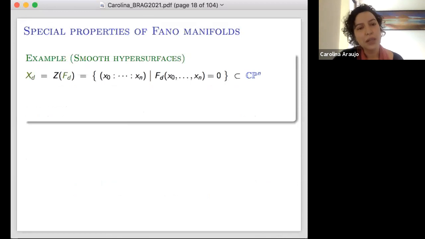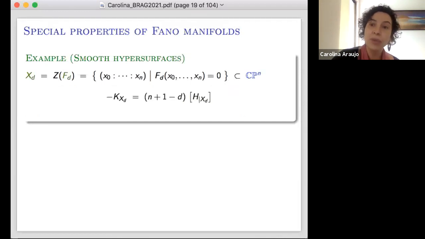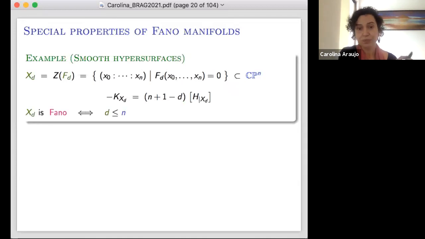If you consider X_d a smooth hypersurface of degree d in projective space P^n, then you can easily compute its anticanonical class using the adjunction formula. And so it is obvious that the hypersurface is Fano if and only if the degree satisfies this inequality: d is less than or equal to n.